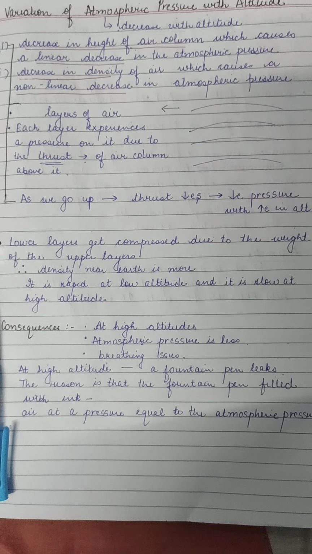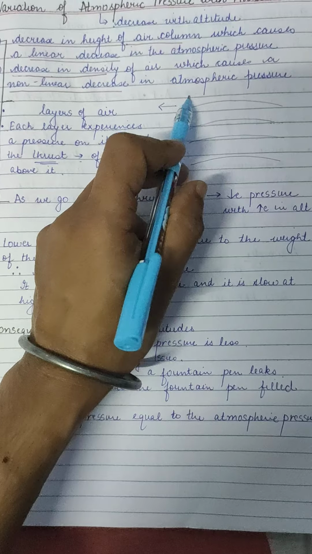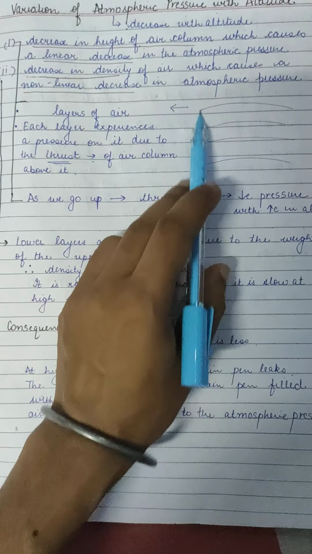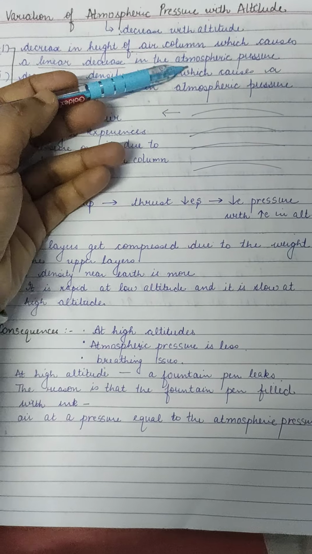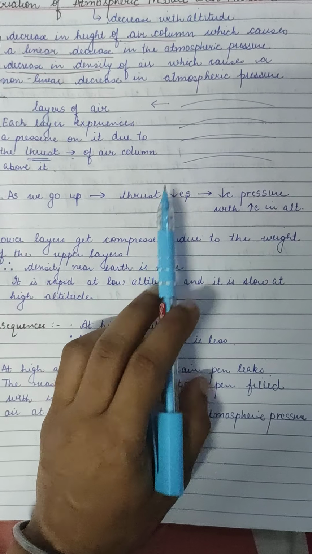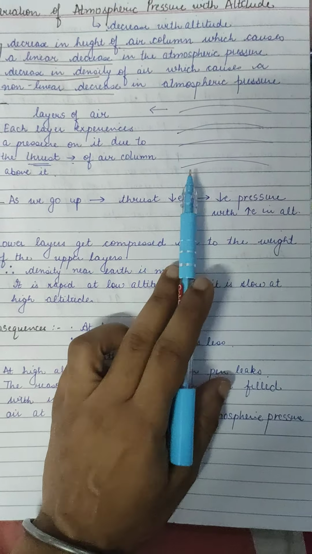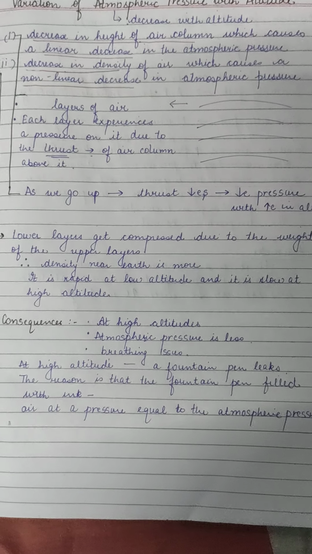As we move up, the layers above decrease, so the thrust will decrease, because fewer layers are there, less thrust is exerted on that air. So pressure decreases with increase in altitude.